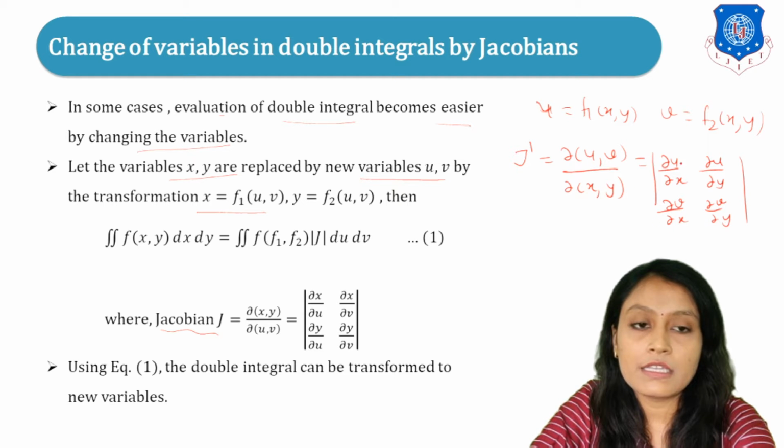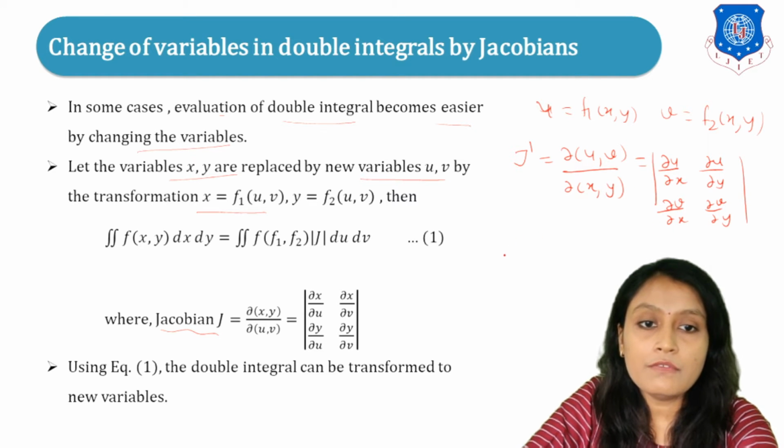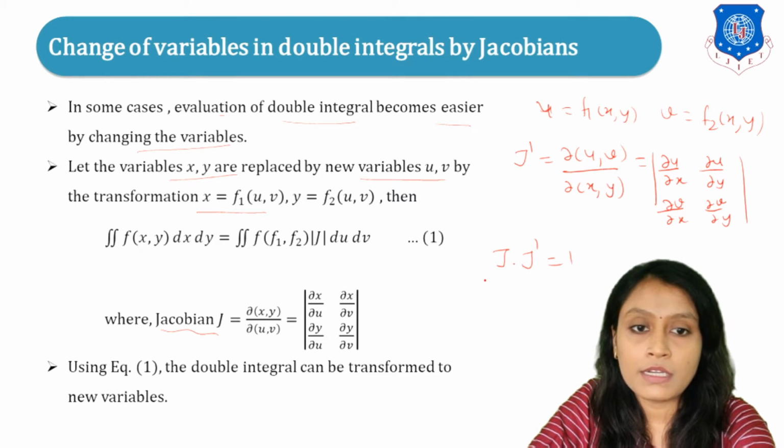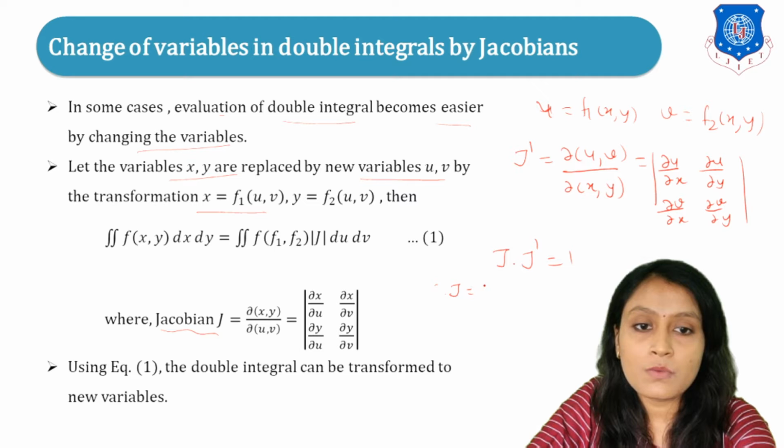We have this property that J into J dash is equal to 1. Therefore J is 1 upon J dash.